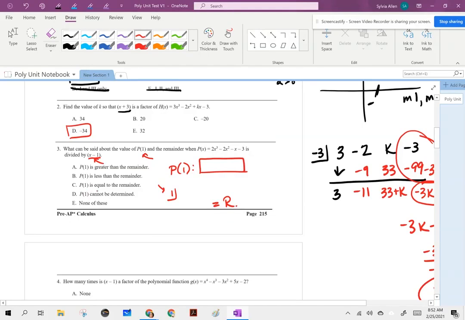So P of 1 is going to be equal to the remainder. You could do that, but the whole point of the remainder theorem is that entire idea that if you were to evaluate, it is the same result as if you were to synthetically divide and you get the same remainder.